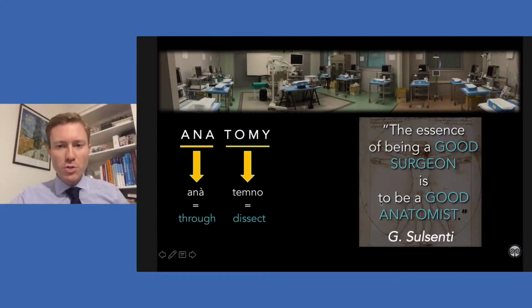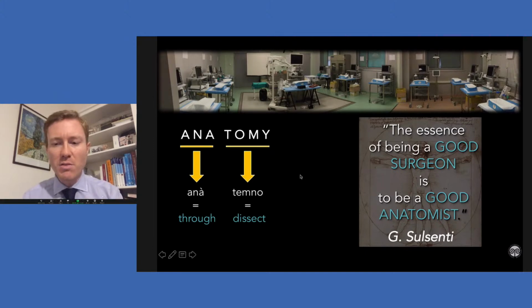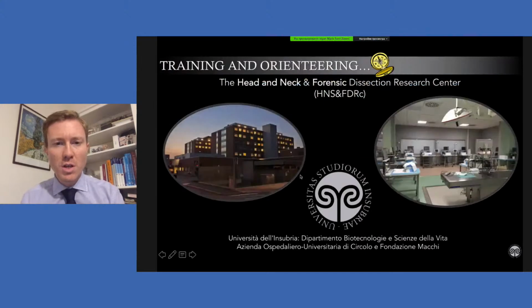The key element to be a good surgeon is to be a good anatomist, because as the word says, ana means through and tome means dissect, cut, resect. So anatomy means that you have to go inside the structure to understand its conformation.